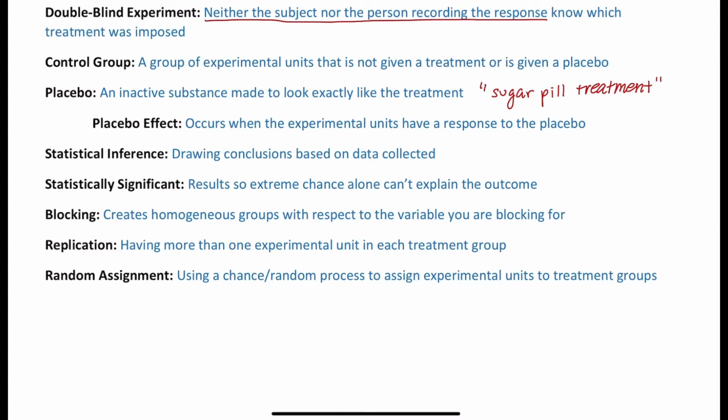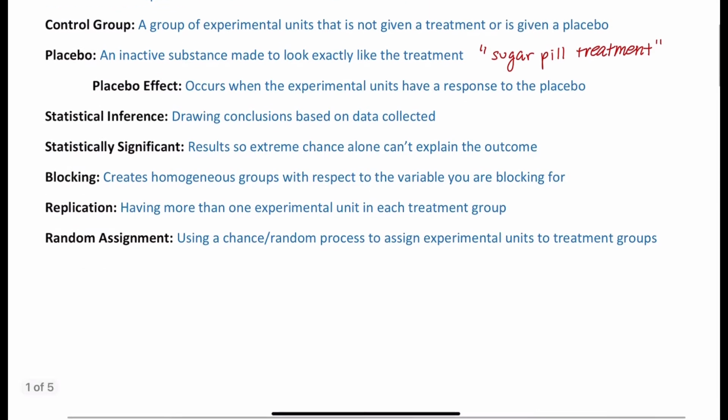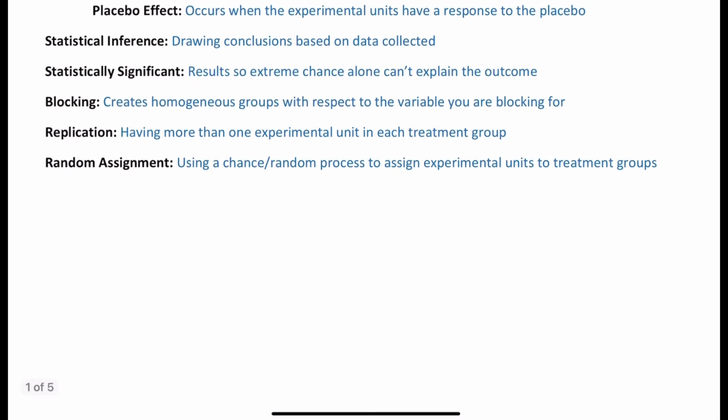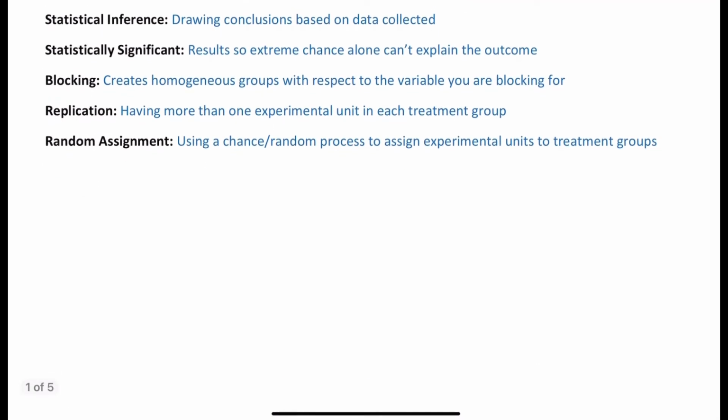What we're really going for in the end is the next two things. So statistical inference, so drawing those conclusions based on the data we have collected, and seeing whether our results are statistically significant, meaning they are so extreme by chance alone that chance cannot explain the outcome. We also have blocking, so this is groups that are of similar characteristics with respect to the variable you are blocking for.